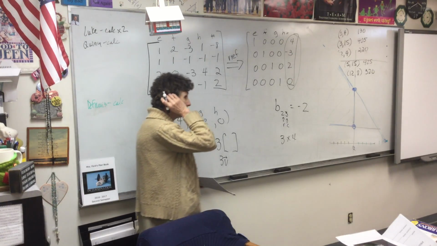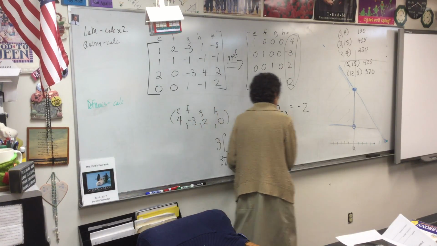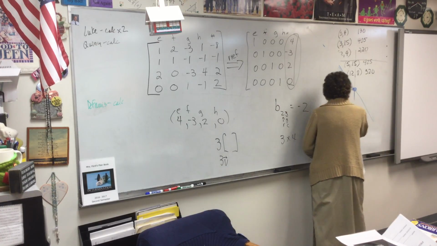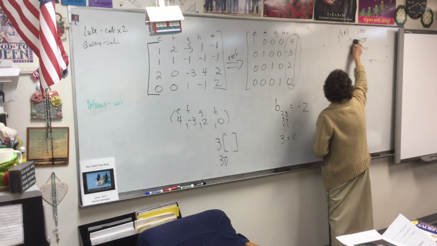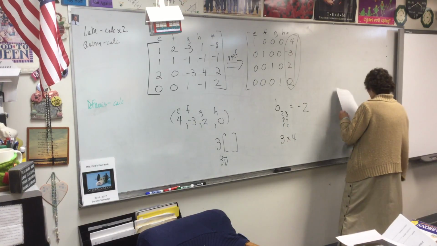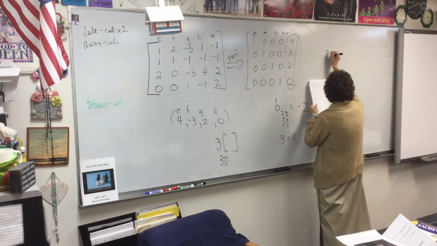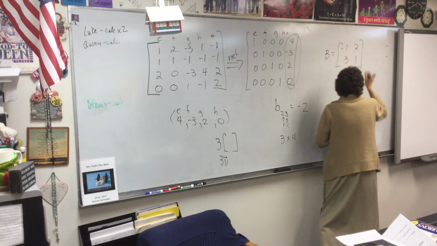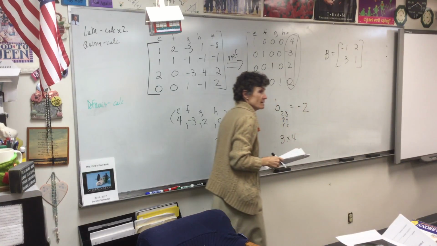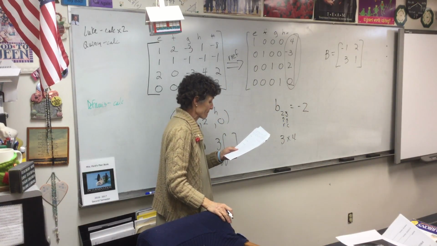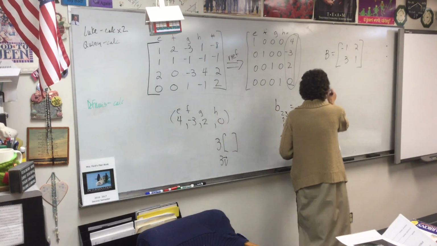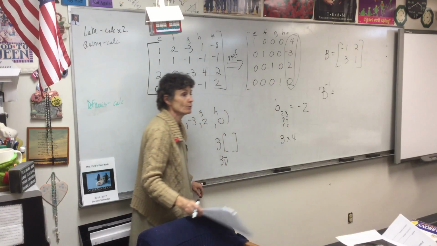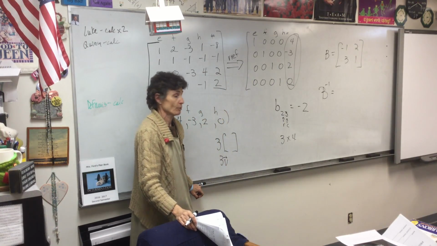All right, Geechee says, how do you find the inverse of a matrix? Remember that the inverse is a two-step process. So if matrix B is this, and I need to find the inverse, the first thing I do is find the determinant.